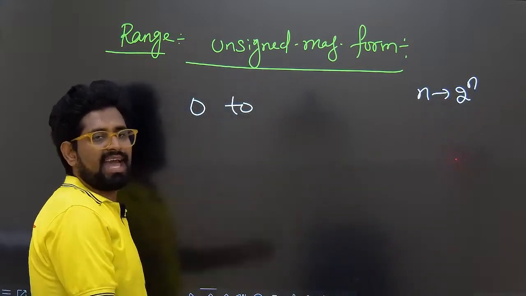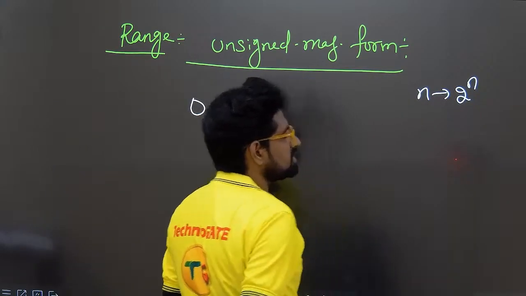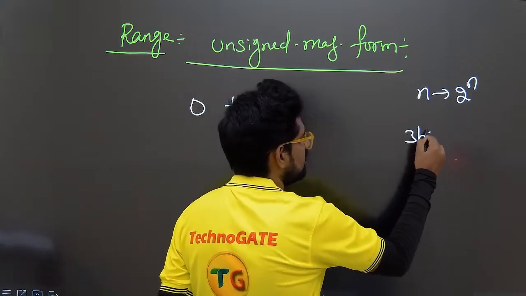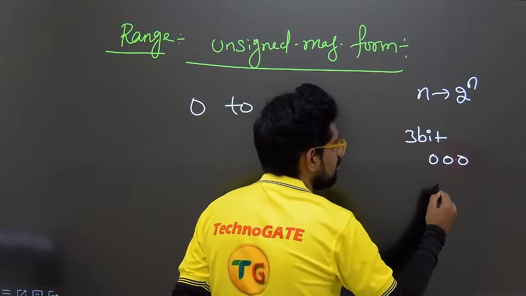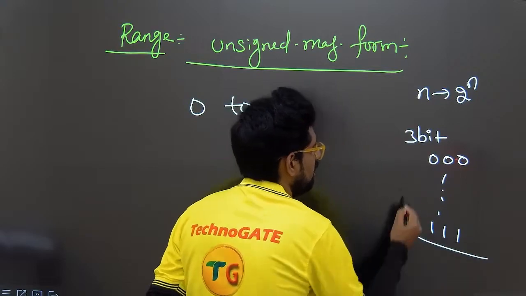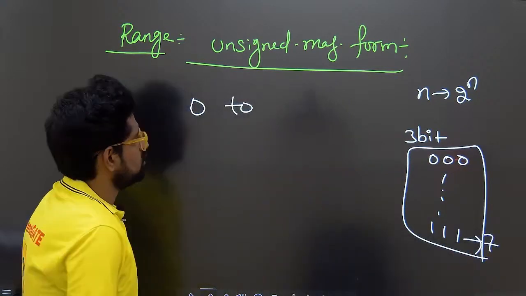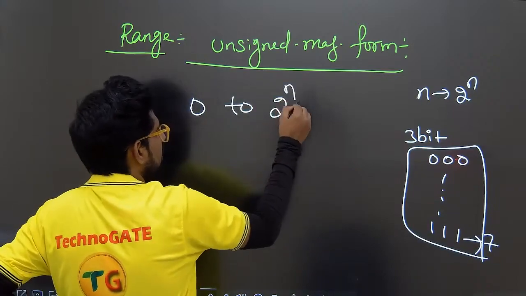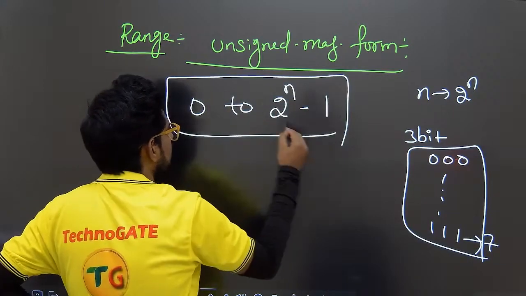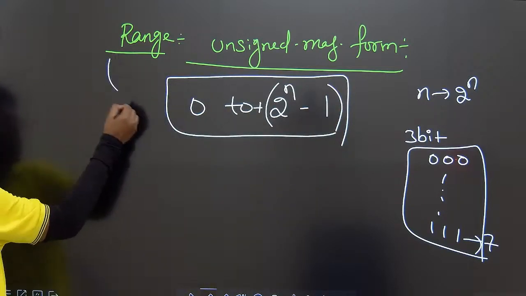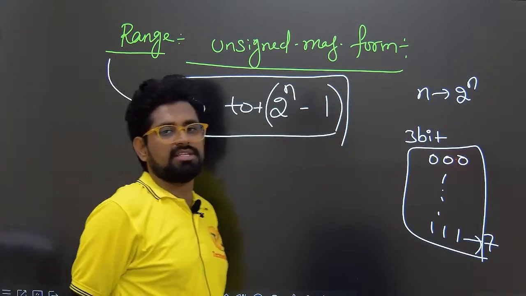So to get the maximum count, always we need to subtract 1, because for 3 bit the representation will be 000 to 111, means up to 7. 7 is the highest number. So 2 to the power of n minus 1. These are positive numbers. This is the range in unsigned magnitude form.